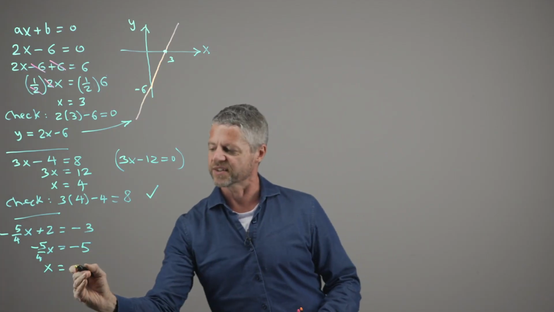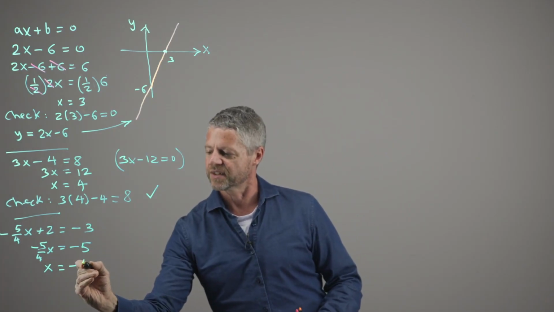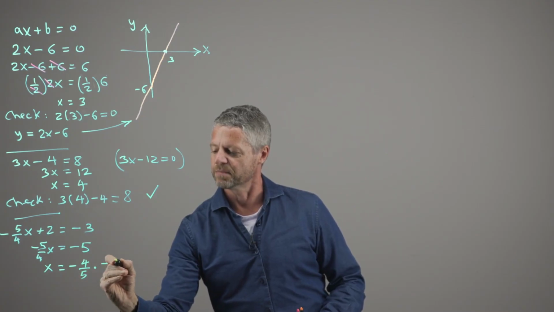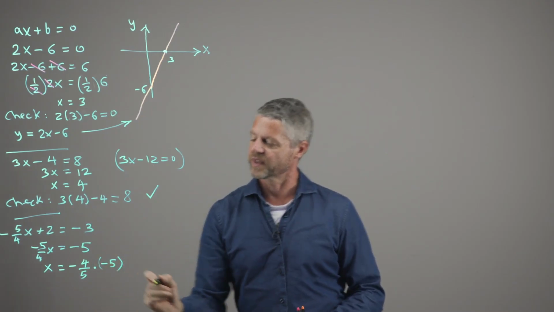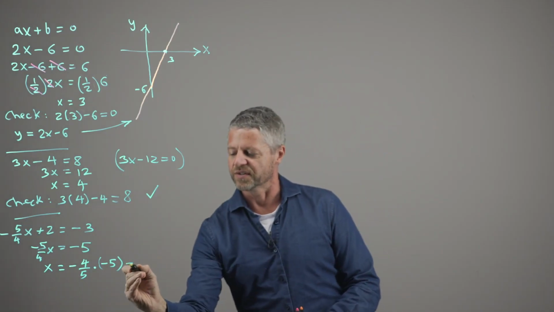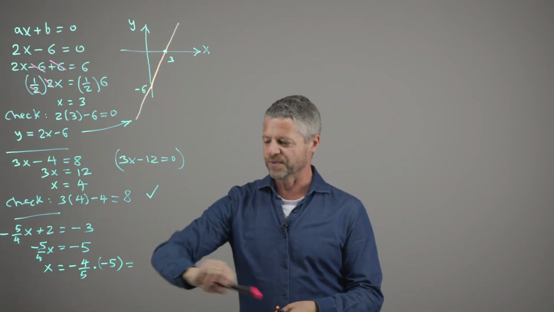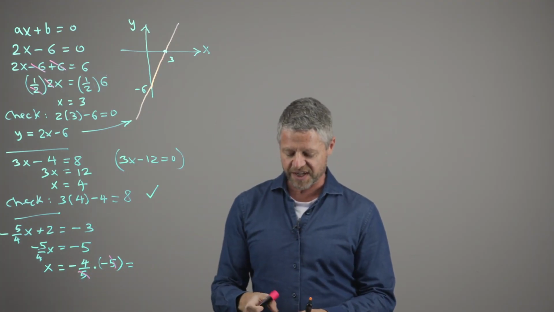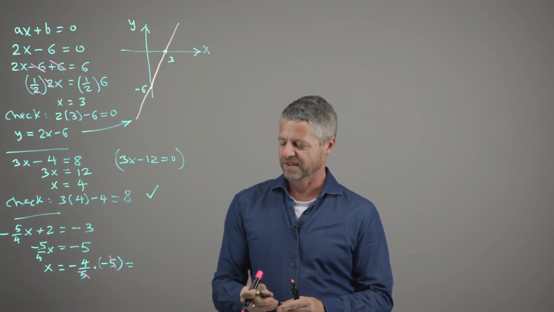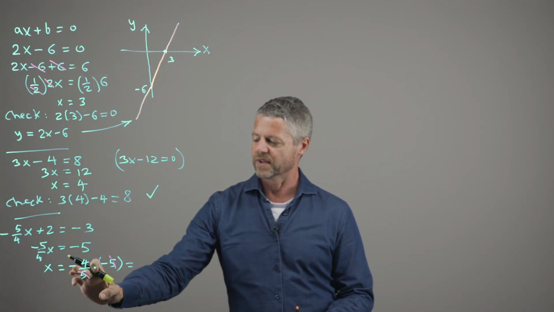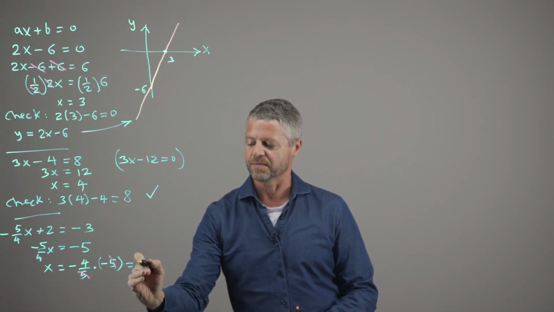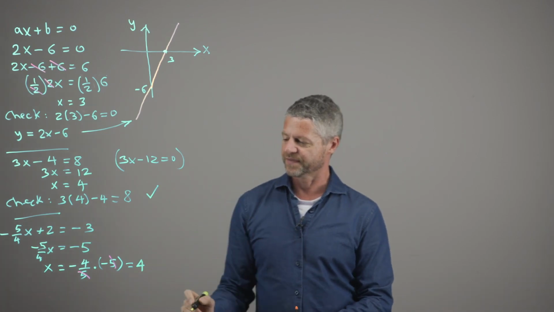And then on the right-hand side, I've got minus 4 over 5 times minus 5. And so the 5s cancel. And I just have to be careful with my negative signs. I've got negative 4 and then a negative here. So that's going to become positive 4.